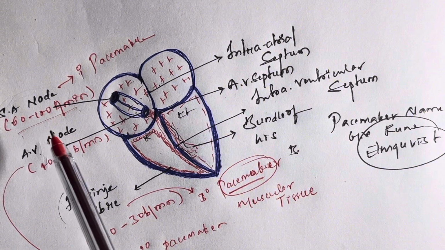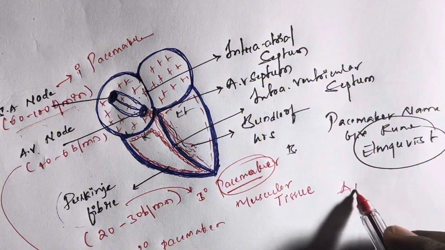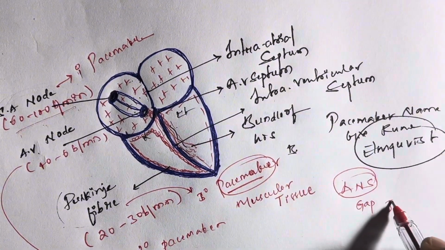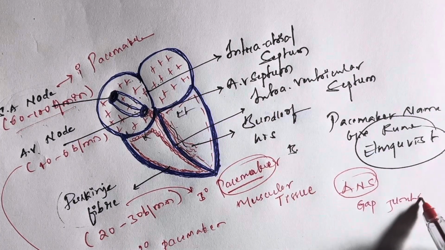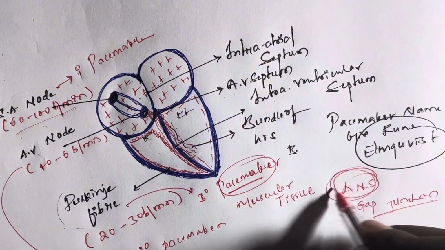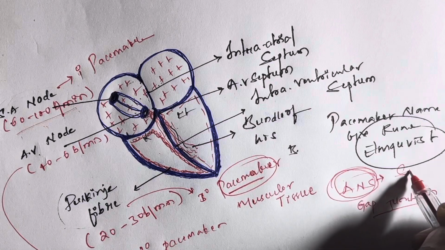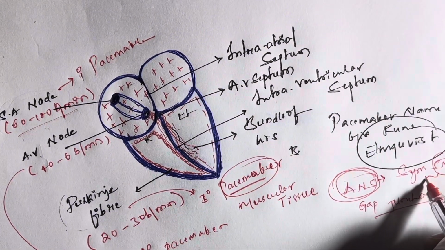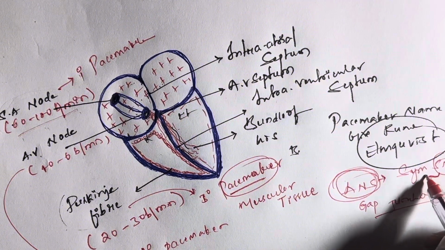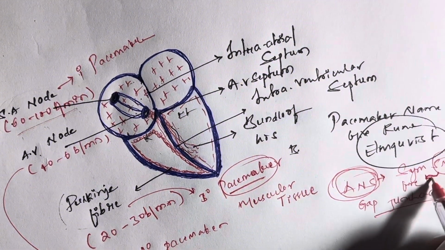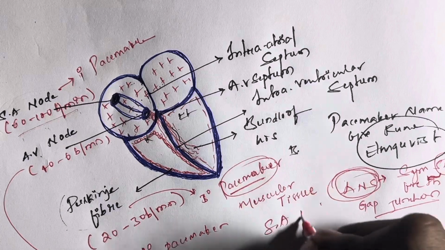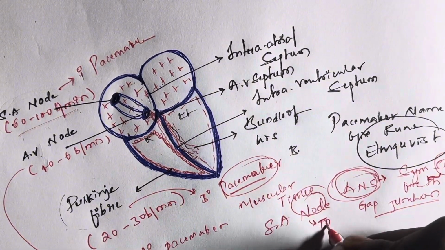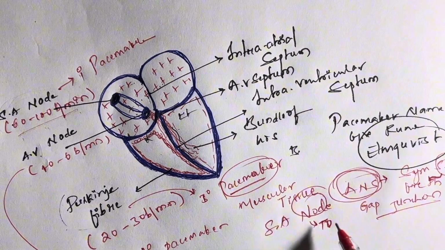Because of two things: one is the autonomic nervous system, the other is gap junctions. In the autonomic nervous system, the sympathetic nervous system helps to stimulate and fire the SA node to produce impulses in high amount.